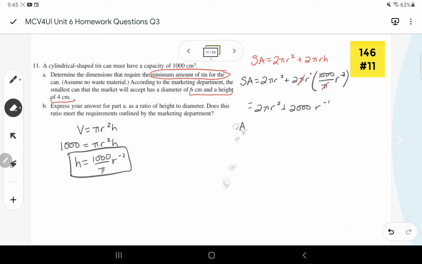And then, not surface area anymore, I'm doing the derivative of area with respect to the change in radius. So taking the derivative here is 4 pi r minus 2,000 r to the negative 2. And we want to find where the derivative would equal 0.